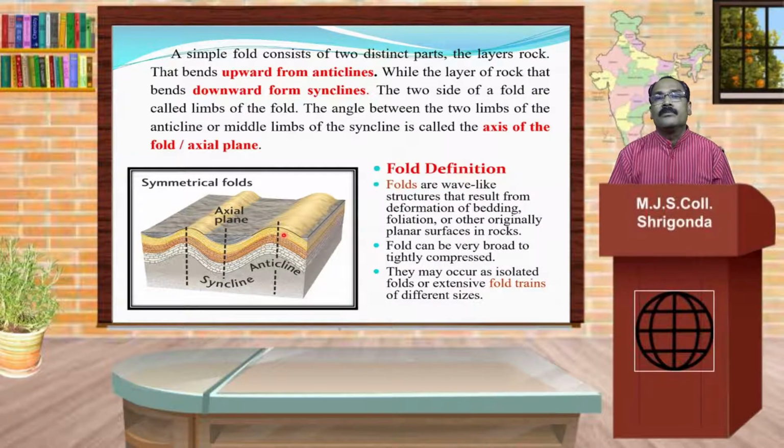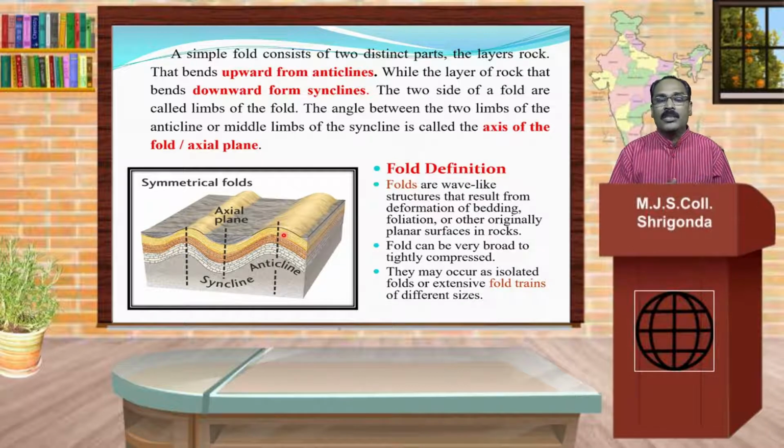Then the definition of folds. Folds are wave-like structures that result from the bending or deformation of originally planar surfaces in rocks. Folds can be very broad to tightly compressed.